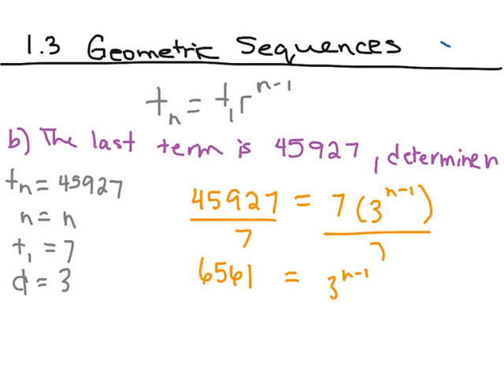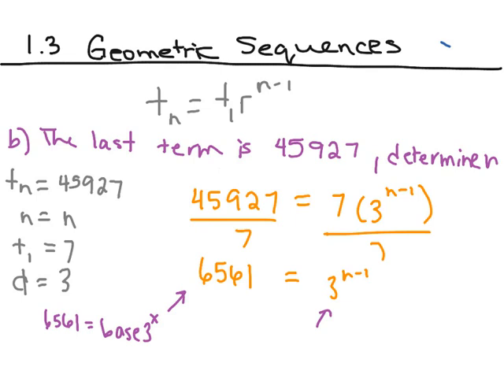Now, because we're solving for a variable in the exponent, we want 6561 to have a base of 3 with an exponent. To do that, we take 6561 and divide it by 3 until you get to 1, and count how many times you divided it by 3.